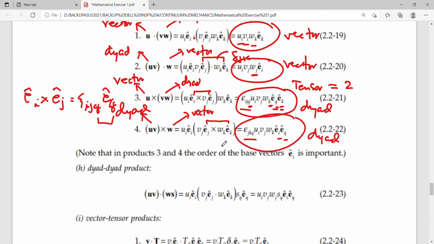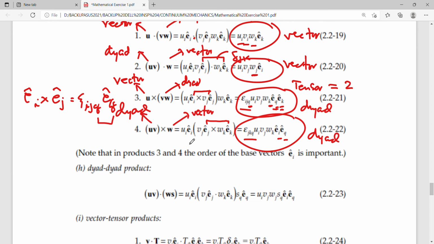Okay, so note that in 3 and 4, the order of the base vector, e_i, is very important because it will define whatever range of index or subscript your dyad will have.